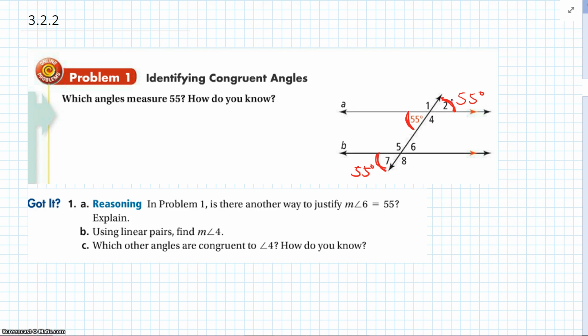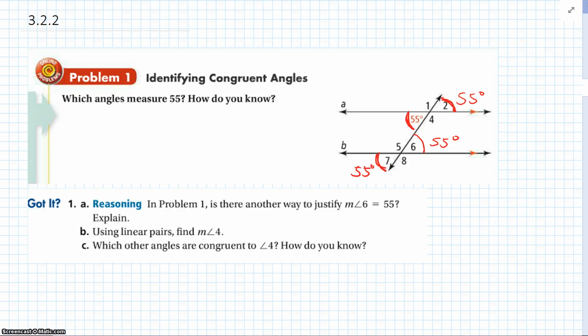And if angle 2 is 55, angle 6, because it is corresponding, is also 55, or because it is vertical with angle 7. Okay, so now it asks, is there another way to justify angle 6 equals 55? We just did that.